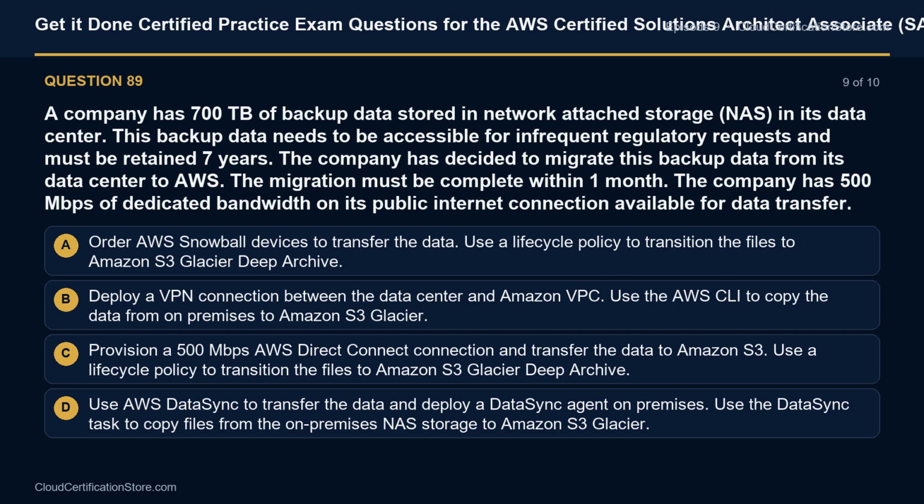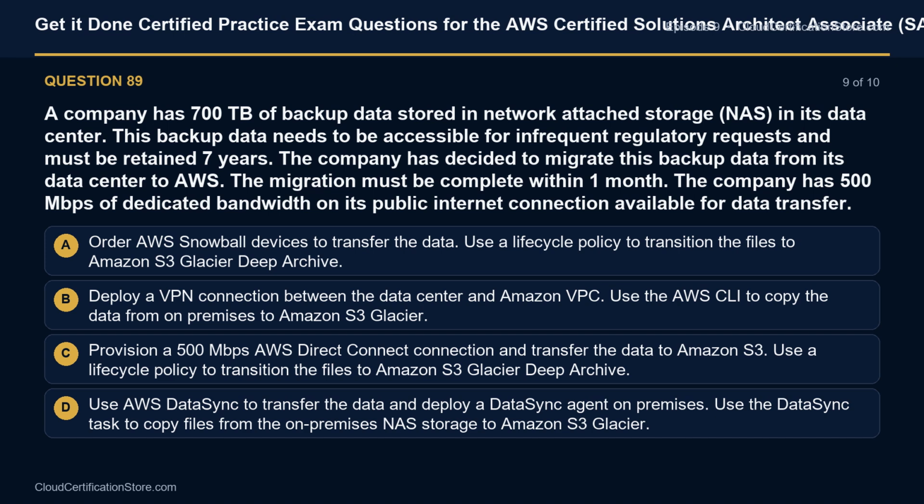Option A: Order AWS Snowball devices to transfer the data. Use a lifecycle policy to transition the files to Amazon S3 Glacier Deep Archive. Option B: Deploy a VPN connection between the data center and Amazon VPC. Use the AWS CLI to copy the data from on-premises to Amazon S3 Glacier.